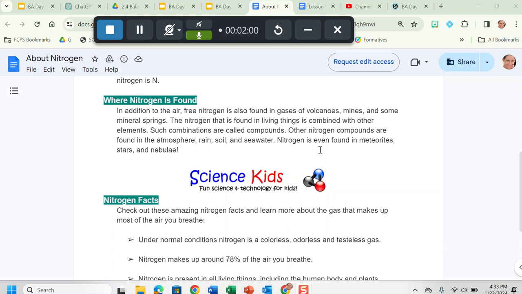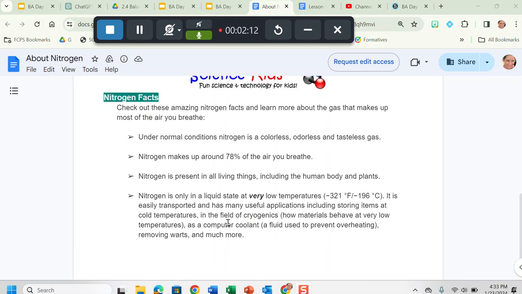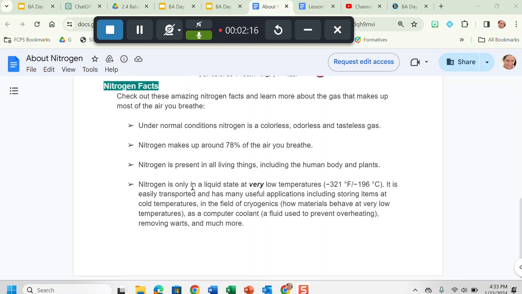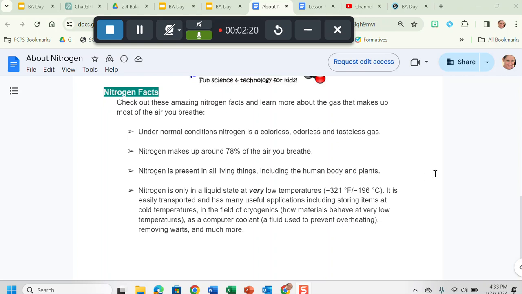Other nitrogen compounds are found in the atmosphere and rain and soil and seawater, and we can even find nitrogen in meteorites and stars and nebulae. We have some more facts about nitrogen that you can read. I'll slow down, but I'm not going to read this out loud. You can pause and read it to yourself, or you can access this by doing your own Pear Deck.